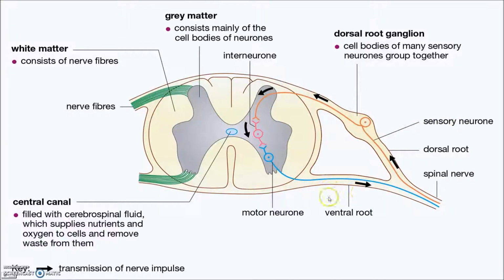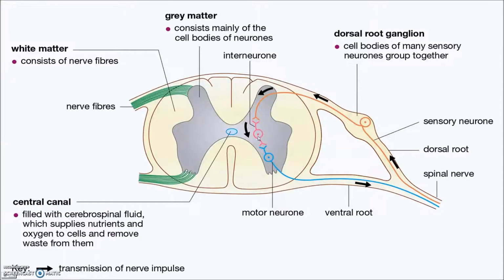The ventral root is relatively smooth because there is no ganglion here, as the cell body is inside the gray matter of the spinal cord. So in this part, I would like to recall the concept of the reflex arc. The nerve impulse will be transmitted to the dorsal root first, and then go into the gray matter of the spinal cord.